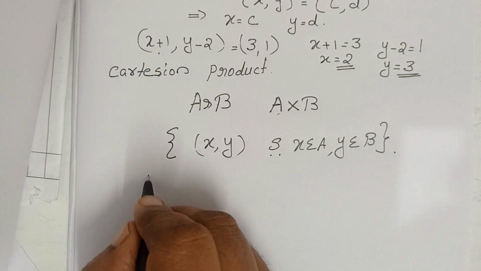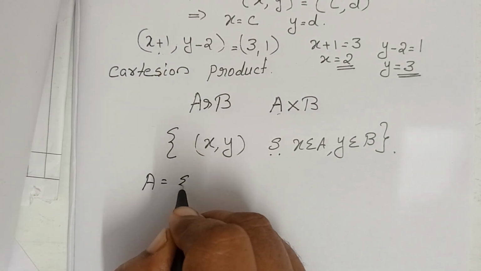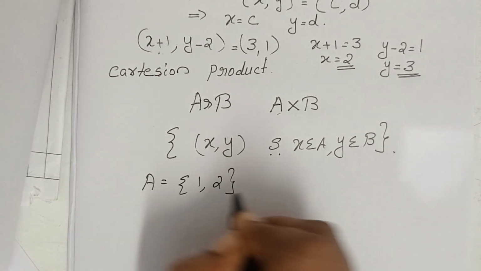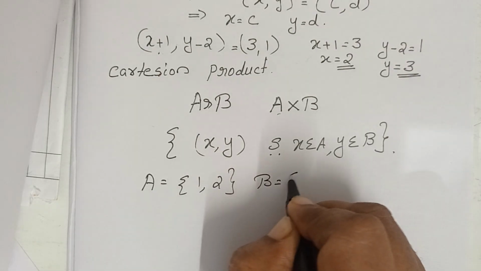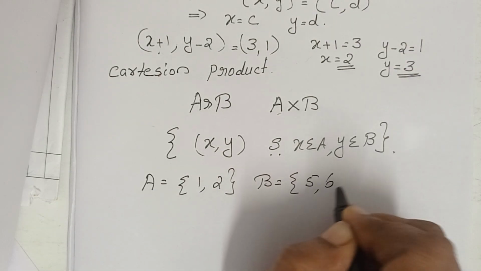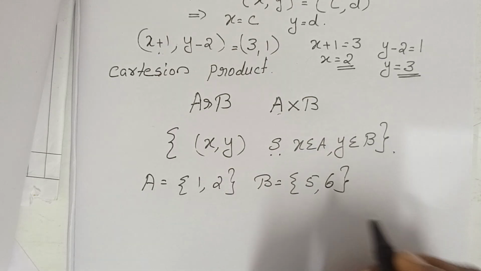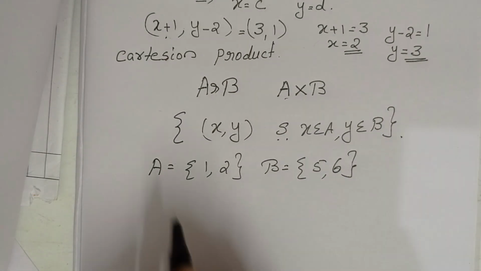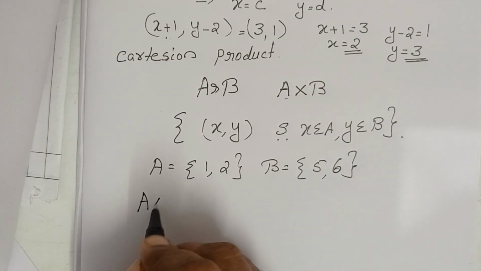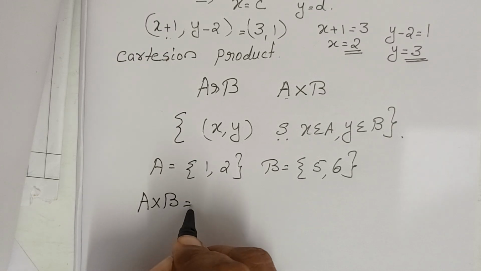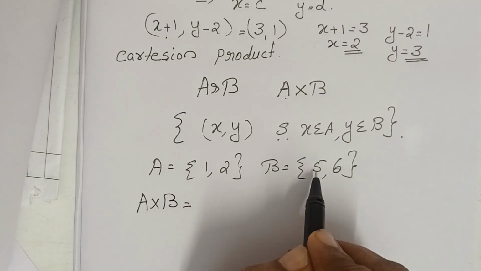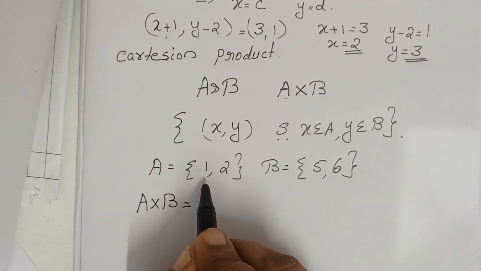Write the question. A is the set {1, 2} and B is the set {5, 6}. Then our aim is to write A cross B, meaning from A to B. What is the first element of A?